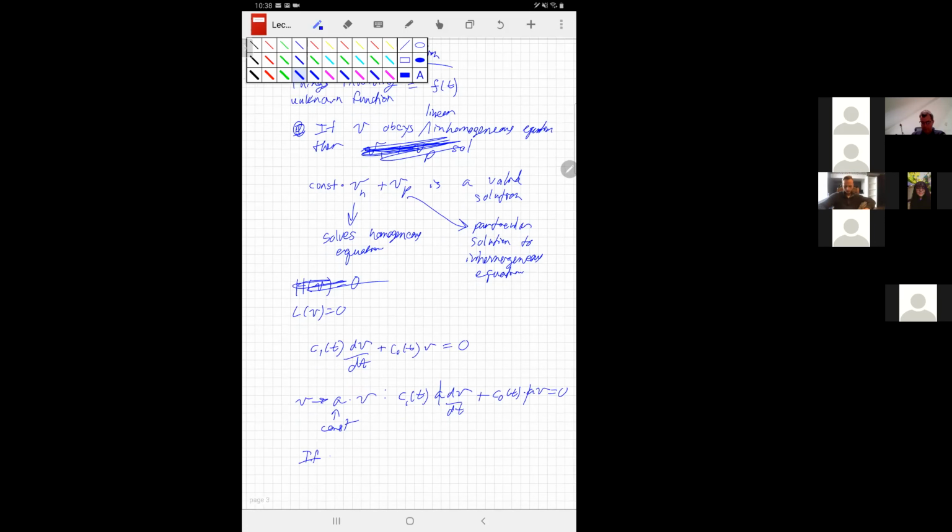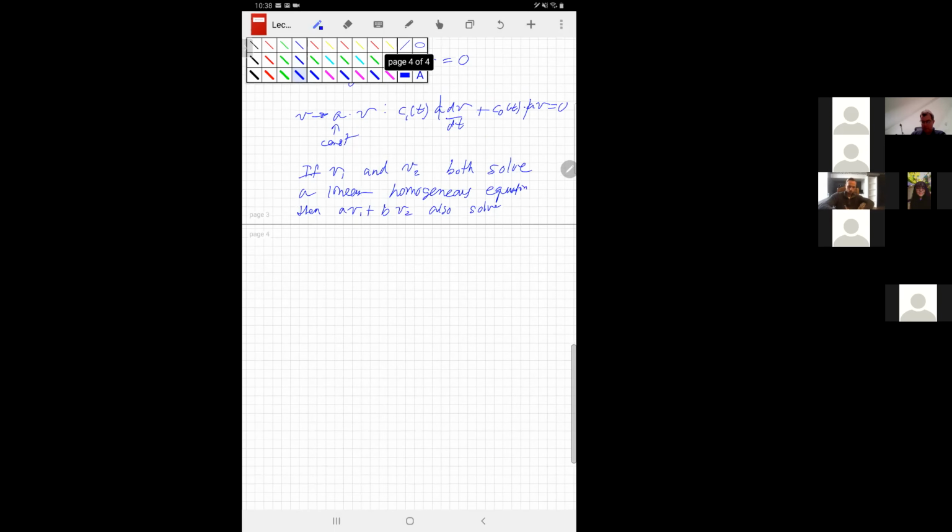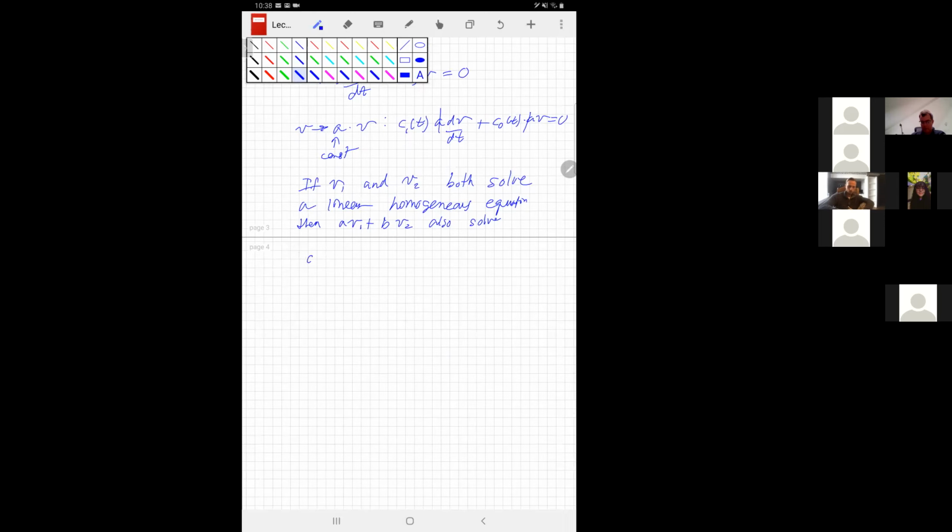All right, and more generally, if V1 and V2 both solve a linear homogeneous equation, then A V1 plus B V2 also solves it. Let's consider an example. d squared y/dt squared plus omega squared y equals 0.